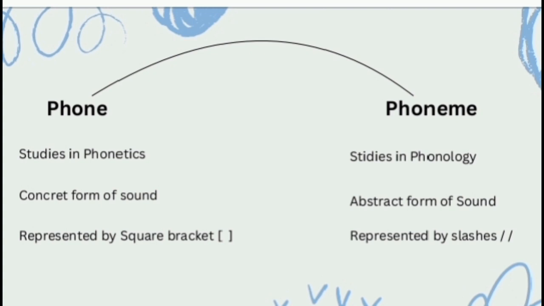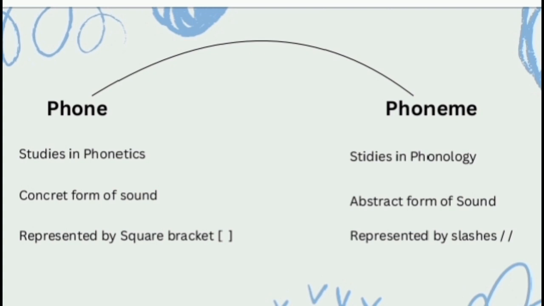We have a square bracket, which shows that this letter is representing a phone, not a phoneme, because when a letter is put between square brackets, it is known as a phone. That shows it is a phone, and we study it in phonetics.